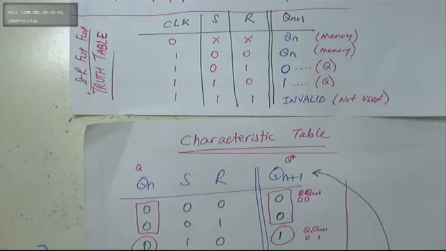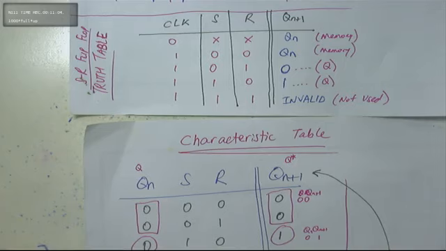From the SR flip-flop, we now redrew the truth table, which is now in terms of Qn plus 1. What's happening to Qn plus 1? Then, now we have got a new table called the characteristic table. The characteristic table does not bother about clock anymore.